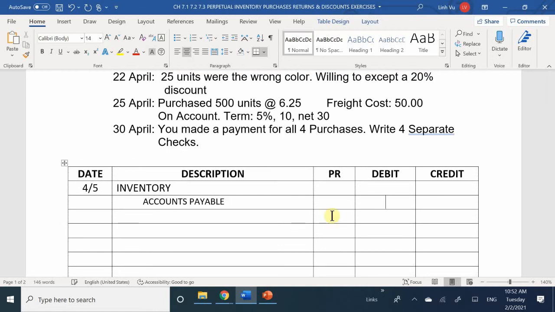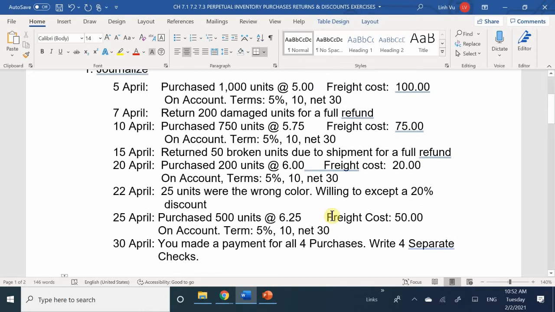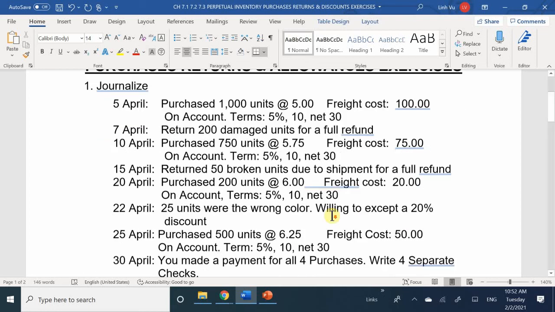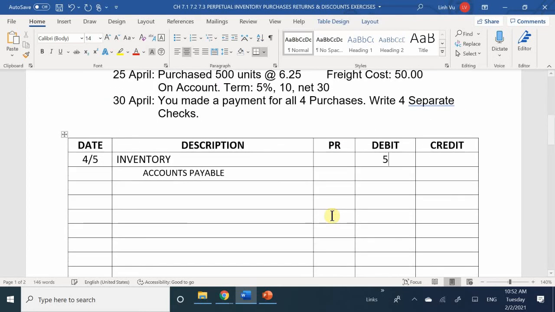Okay. And what is going to be my total value here? What's going to be my total debits and what's going to be my total credits? 5,100. 5,100, because we are assuming that freight is also going to go into inventory.